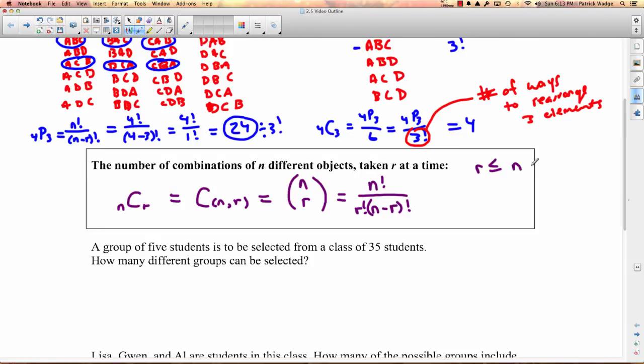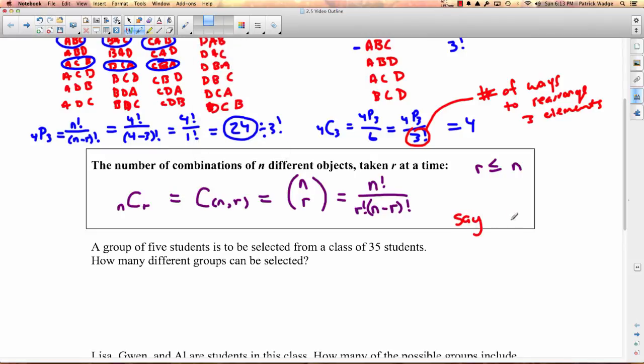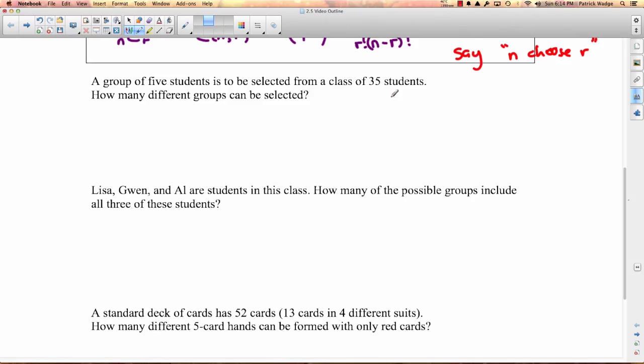You can't rearrange 7 objects and take 10 at a time. It doesn't make sense. And when you're talking about combinations, what you say is n choose r. So for example, up here where it was 4C3, that's 4 choose 3.